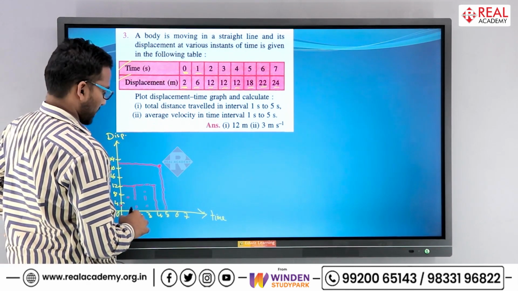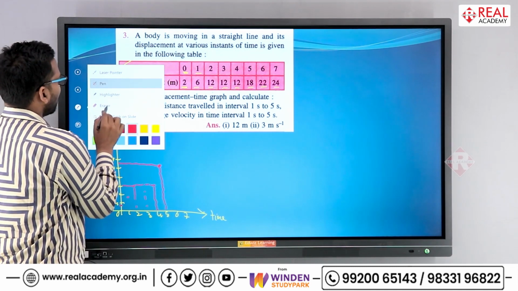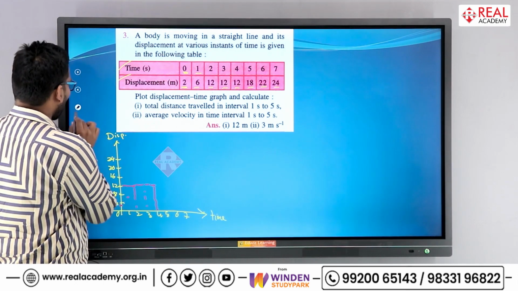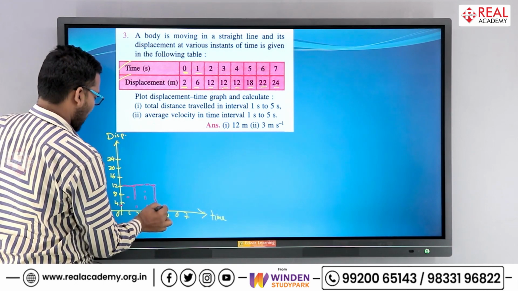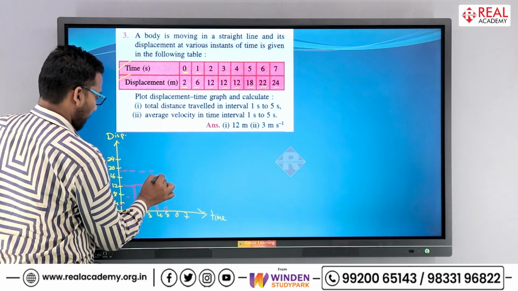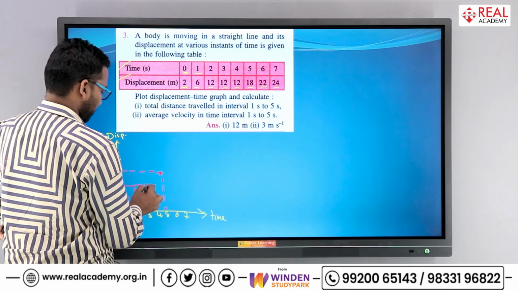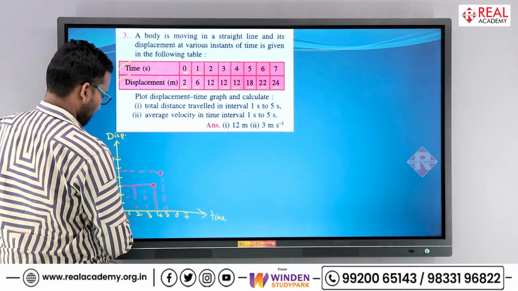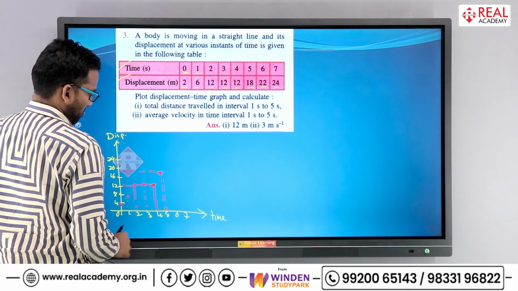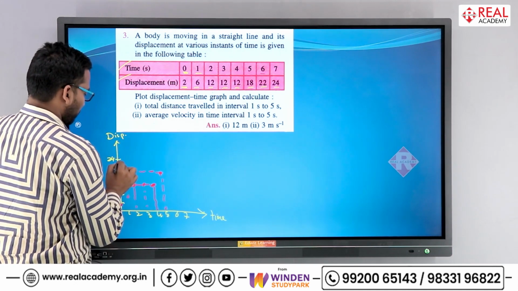Okay, and for 6 seconds, oh, for 5 seconds it is 18. Sorry guys, for 5 seconds the displacement is 18. And for 6 seconds the displacement is 22.